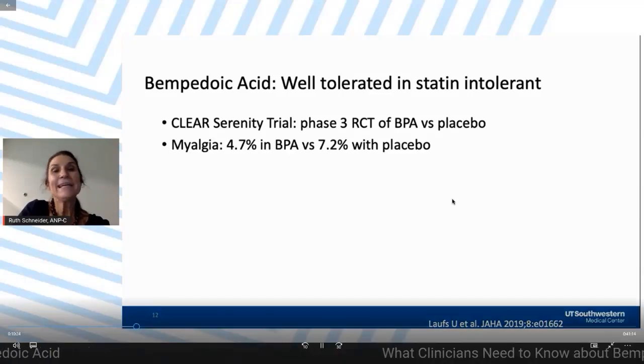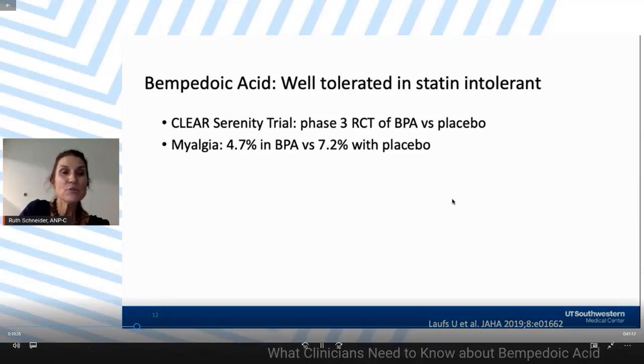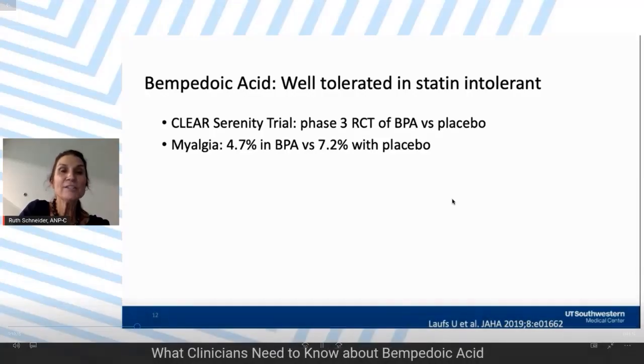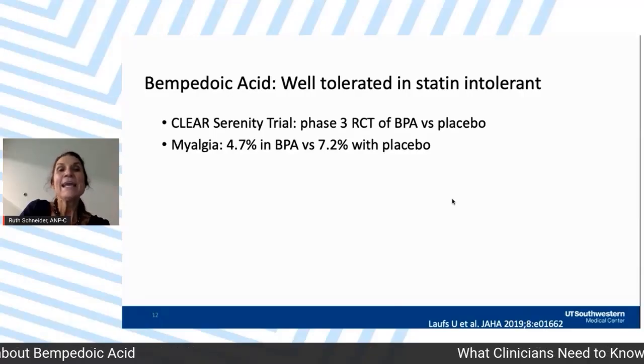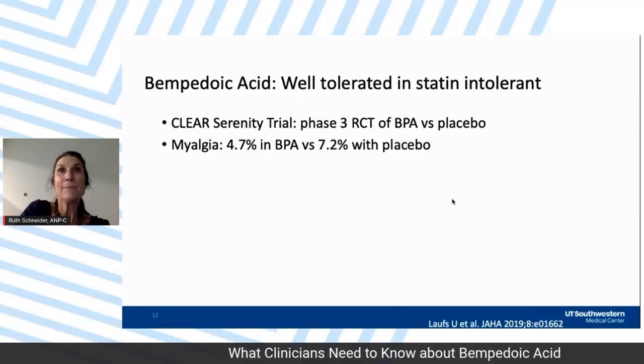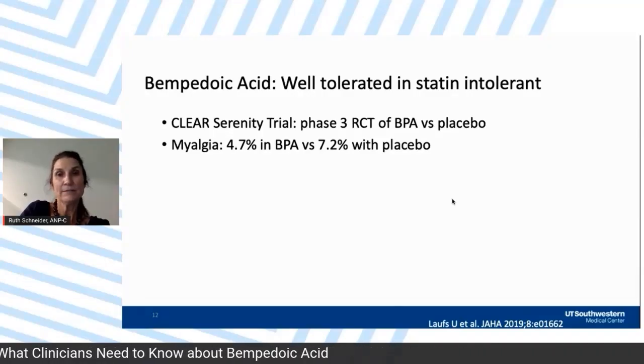So basically, it compared side effects in this trial, looking at myalgias. In bempedoic acid, myalgias were reported in 4.7%, and in placebo, 7.2%. So bempedoic acid is well tolerated in statin intolerant.